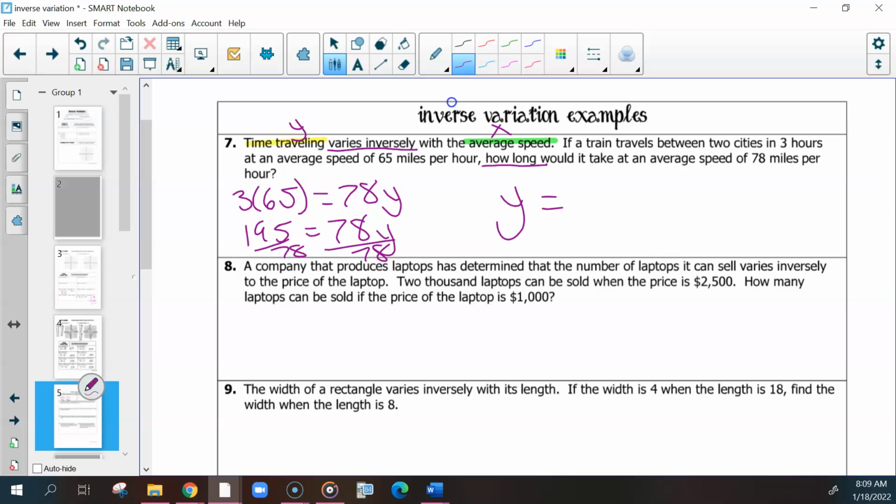And here this would be ours. Do we have any questions on how we set that up, solved that, or got the answer?